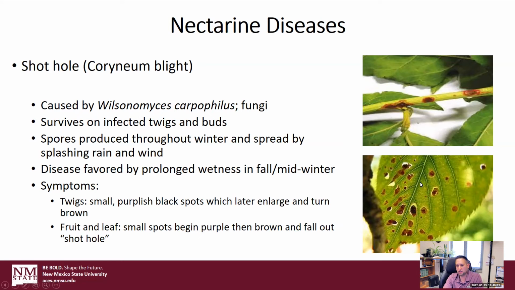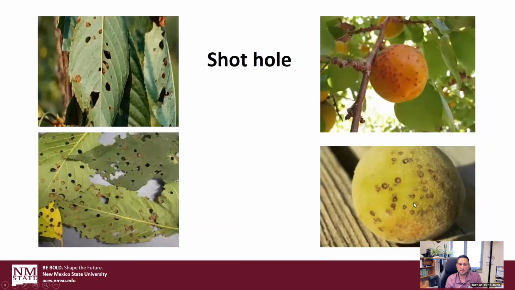And then on the fruit and leaves themselves, you get these small spots that are purple, then they turn brown, and then they fall out, and then they look like somebody put a shotgun to it, and you see a bunch of these shot holes here. Here are better examples on the foliage and on the fruit.